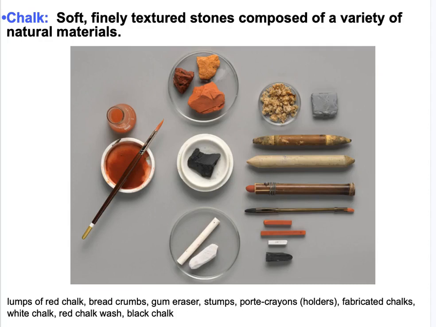It's a soft, finely textured stone composed of a variety of natural materials. So let's look at some of the things we see in this image. We have lumps of red chalk. The red is because of iron ore that is in the naturally occurring chalk stone.